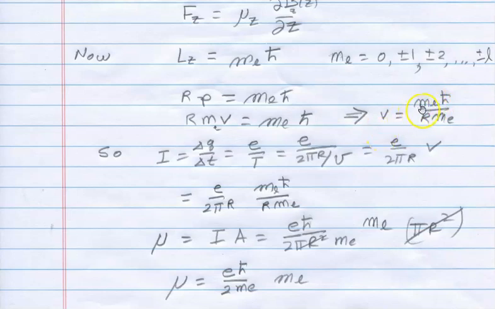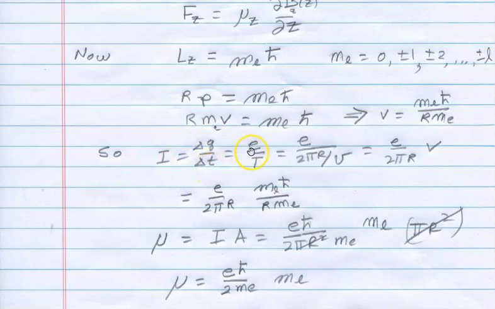And in our case, the m sub l's could take on these values from plus or minus L down to 0. So again, do the same formulas as before. The current is the charge that passes in a time delta t.